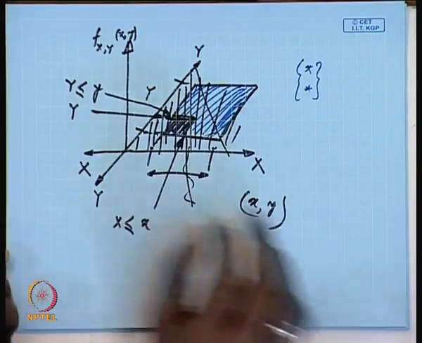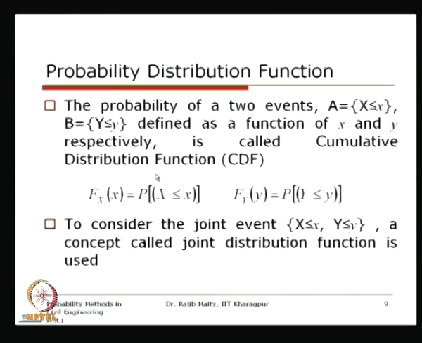Here, the probability of two events, A equals X less than or equal to x and B equals Y less than or equal to y, defined as functions of x and y respectively, is called the cumulative distribution function, CDF.